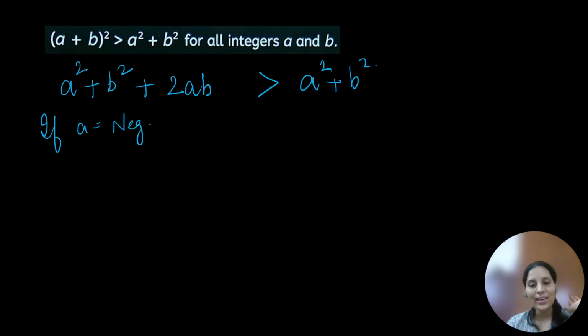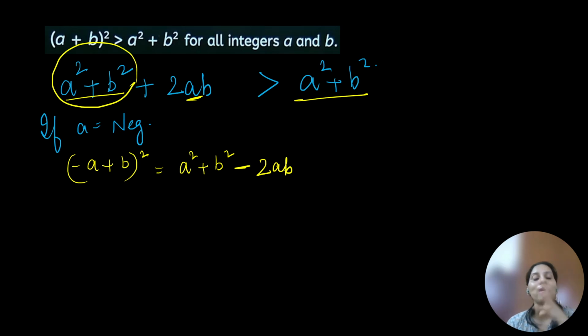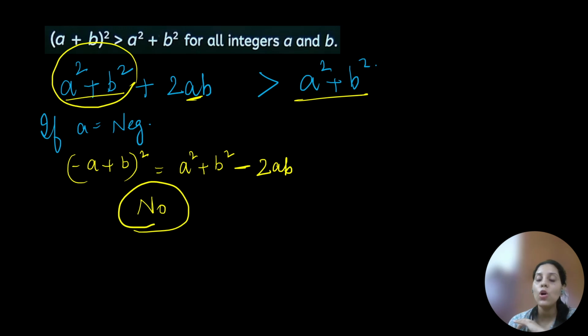If a is negative, what do I get? (-a + b) whole square, which is nothing but a square plus b square minus 2ab, because a is negative, instead of a I put a negative sign. Now a square plus b square are the same, but you have minus 2ab. That means from a square plus b square you are subtracting something. So this cannot be greater. No, this is not greater.